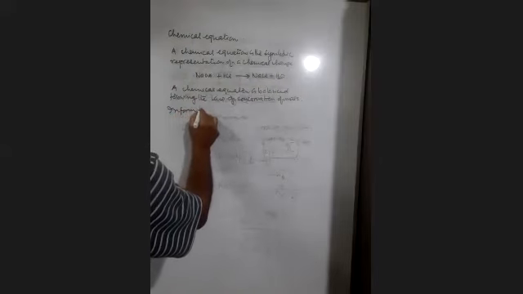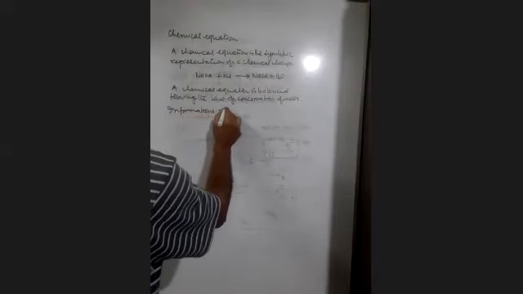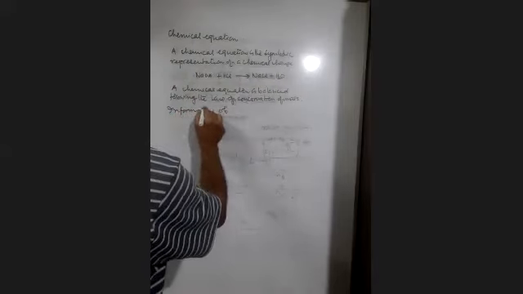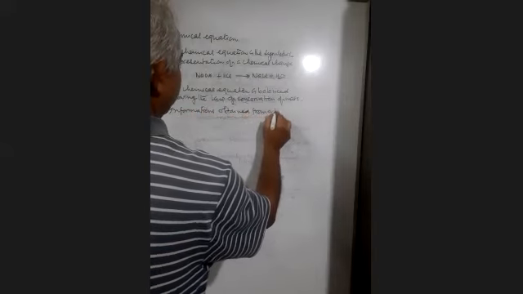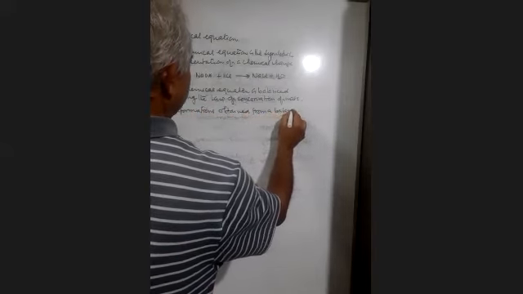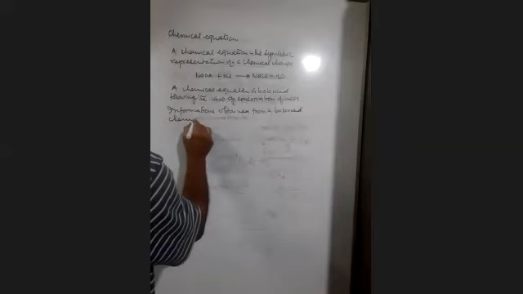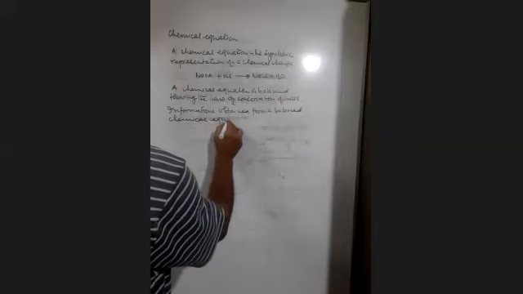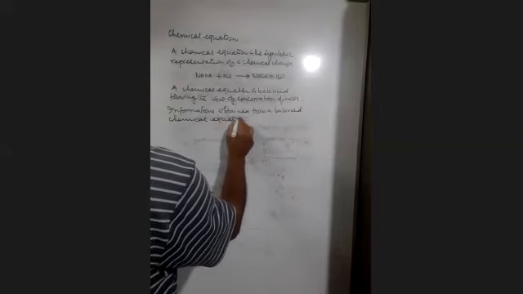What are the information we obtain from a balanced chemical equation?